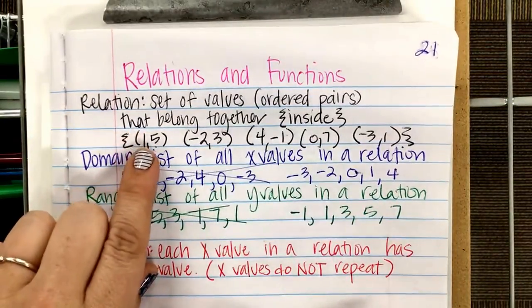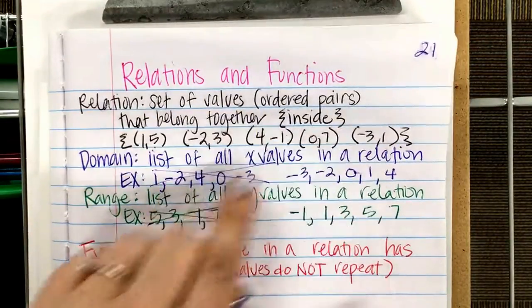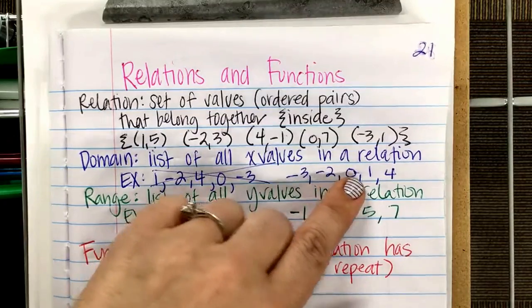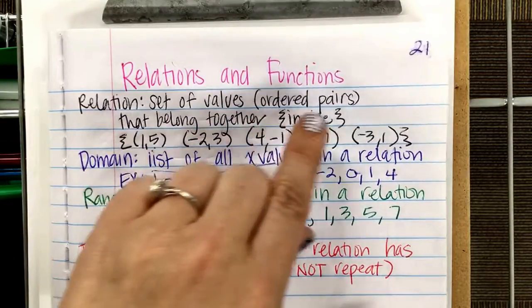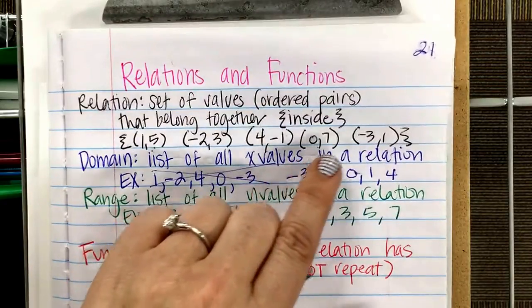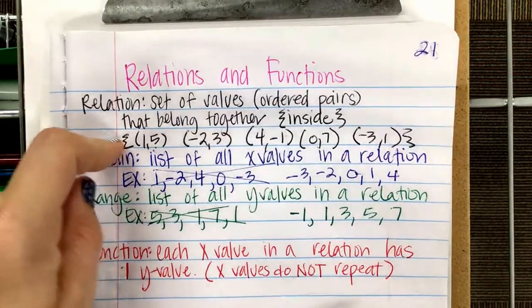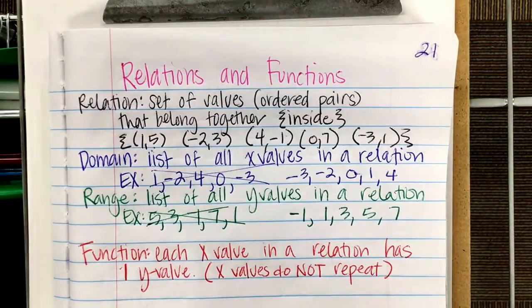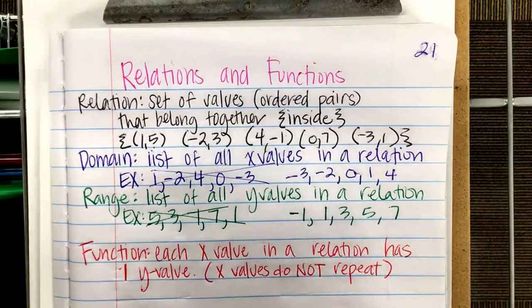So up here, my x values are 1, -2, 4, 0, -3, right? -3, -2, 0, 1, 4. They're all different. There are 5 ordered pairs, and all 5 x values are different. So this is, yes, a function. If one of the x values repeated, you'd say, no, it's not a function.